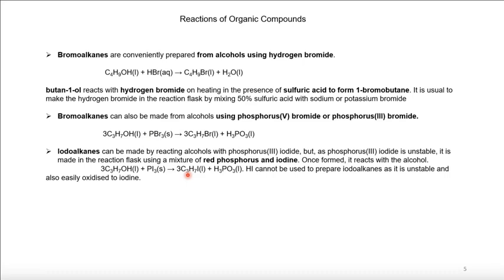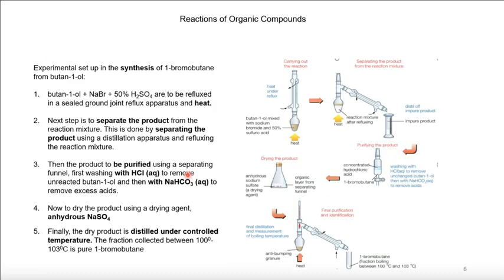I come to the next slide, and there we can see an experimental setup for synthesis of 1-bromobutane. There are 5 steps, and this is what is shown in the equipment and experiment setup.